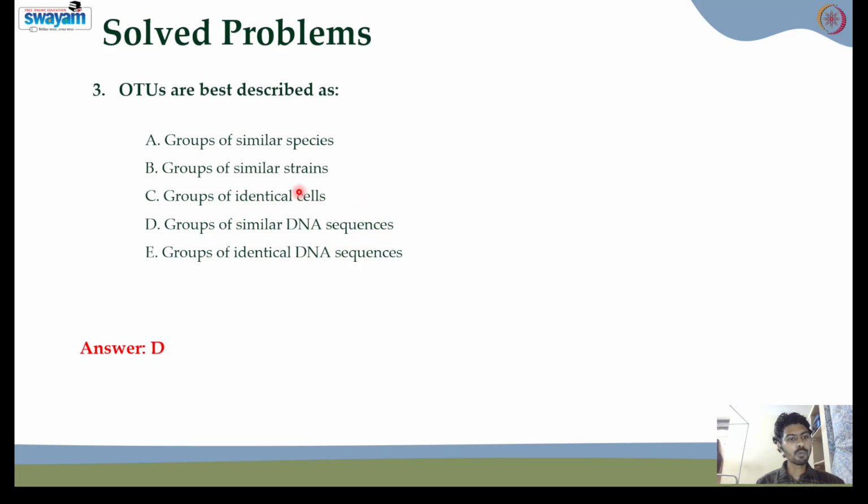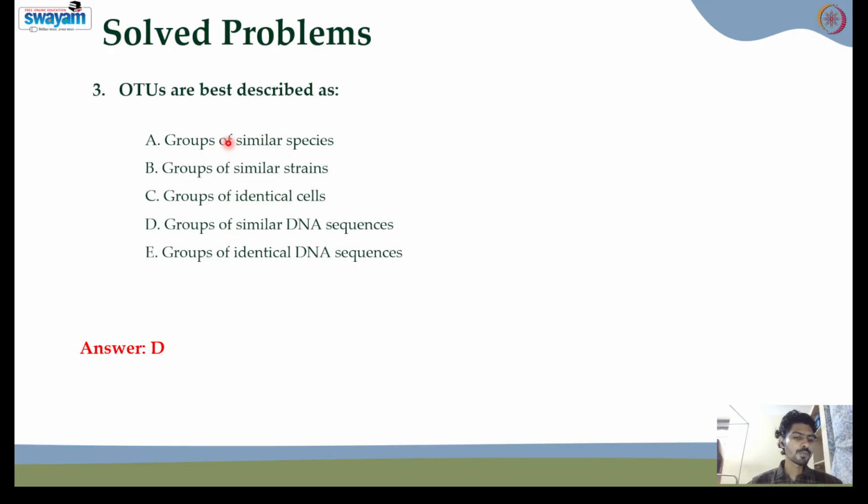Now we will see why the other options are wrong. If you see option A, while the OTU represents a group of similar sequences, they are defined at the DNA sequence level, not at the species level. That is why it is more related to similar DNA sequence rather than similar species.